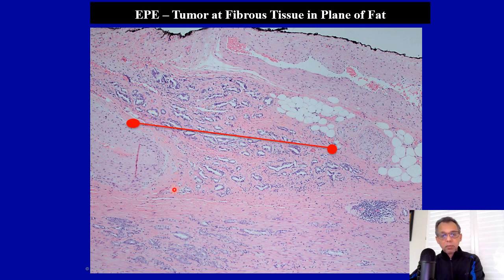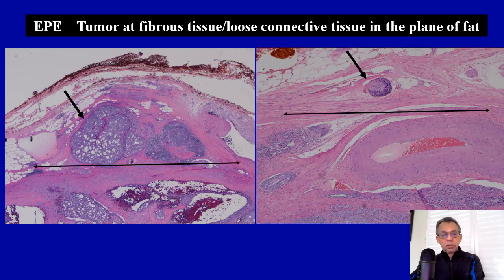So I think it is very important to define your boundary, which is here, and then define the plane of the fat. If all of those things are within the same plane, fat plane and this fibrous connective tissue tumor, then you can make a very confident call of extraprostatic extension.